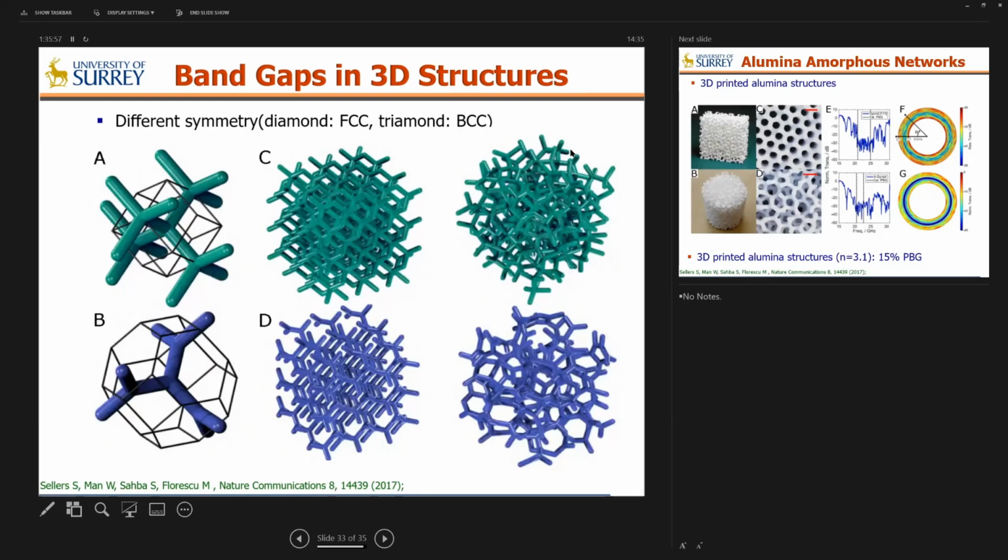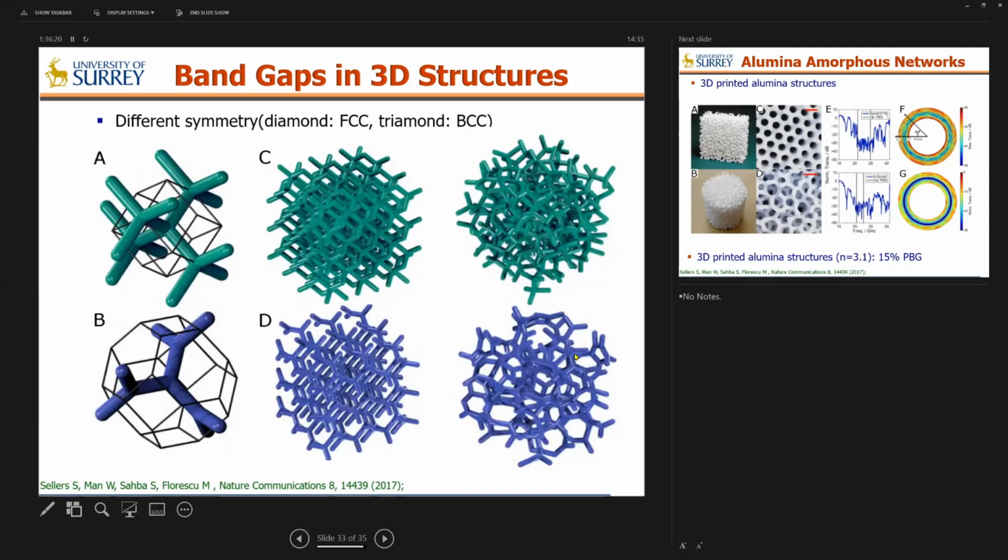So it's very clear now that if we design structures which are not periodic but disordered, which we call amorphous diamond and amorphous trivalent, they should present large photonic band gaps as long as the degree of isotropy present in the network has very large values.